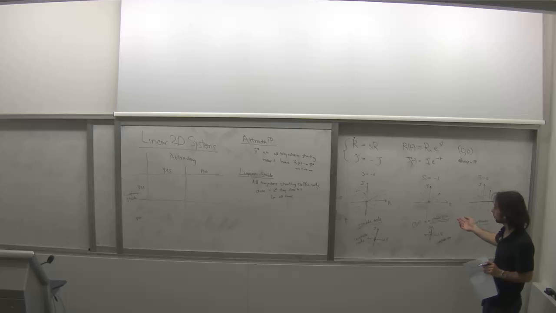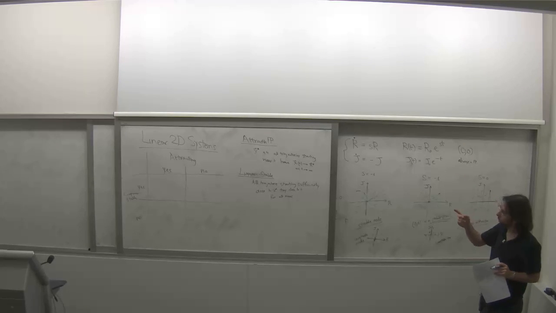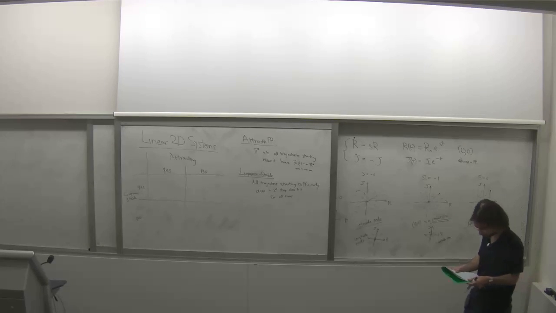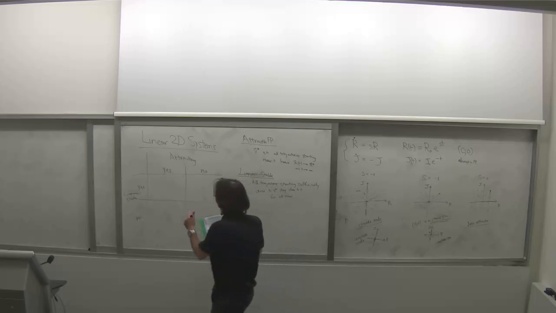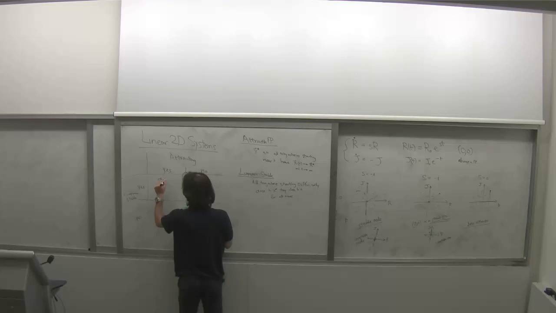Okay, so fixed points that are both attracting and Lyapunov stable, we usually just refer to them as stable. There is also the term asymptotically stable.